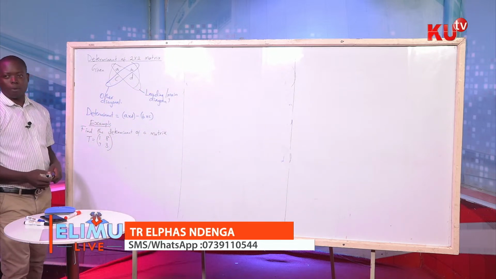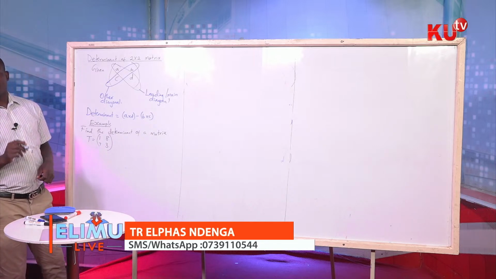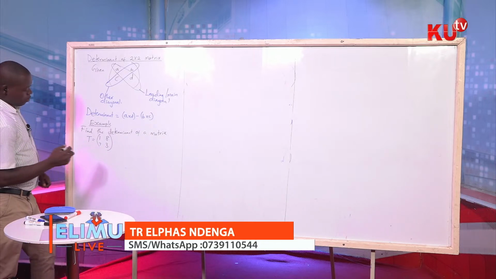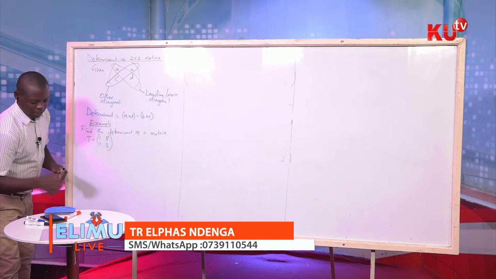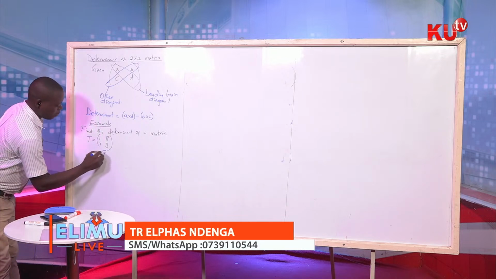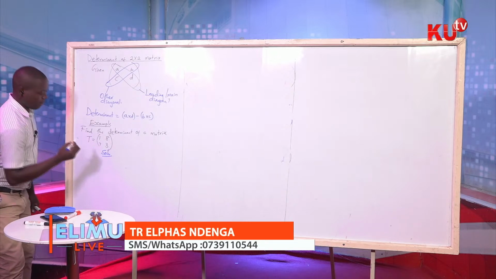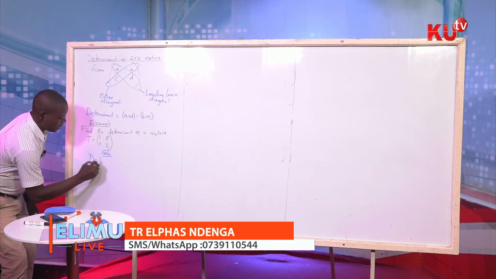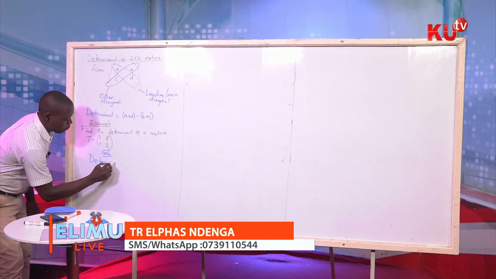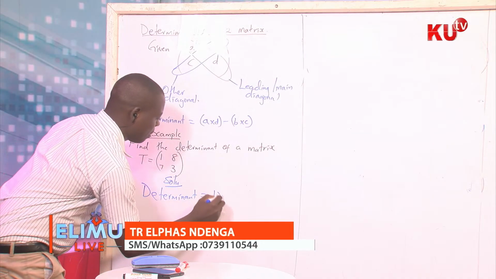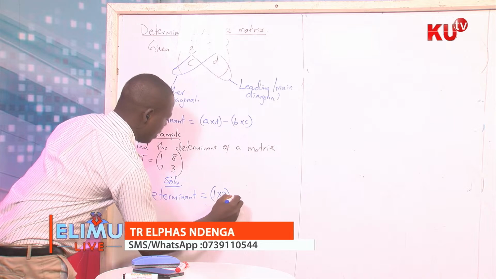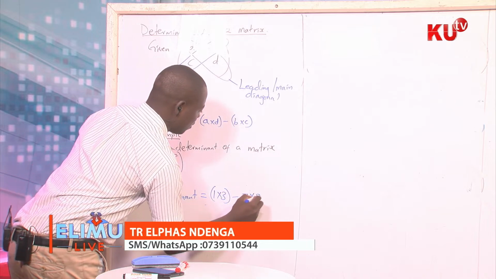It's quite simple. What are the elements in the leading diagonal? It is 1 and 3. Therefore, our determinant will be equal to 1 times 3, minus 7 times 8.